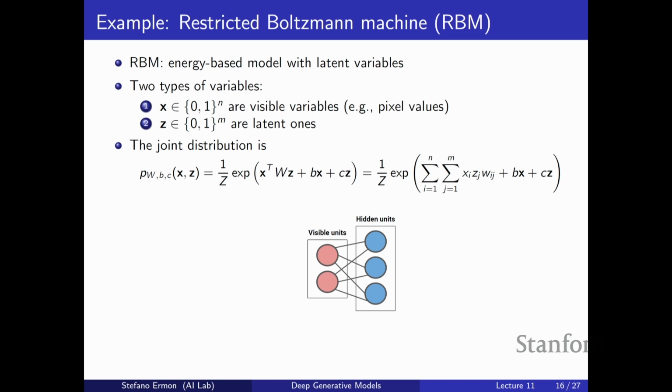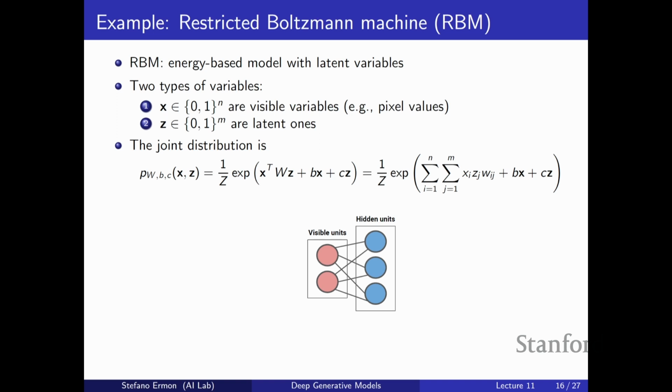You have a W matrix, a vector of biases b, and another vector of biases c, and you map the values that the x variables and the z variables have to a scalar with this expression, which is a bunch of linear terms in the x's, a bunch of linear terms in the z's, and then a cross product between the x_i's and the z_j's, weighted by the weight matrix W.